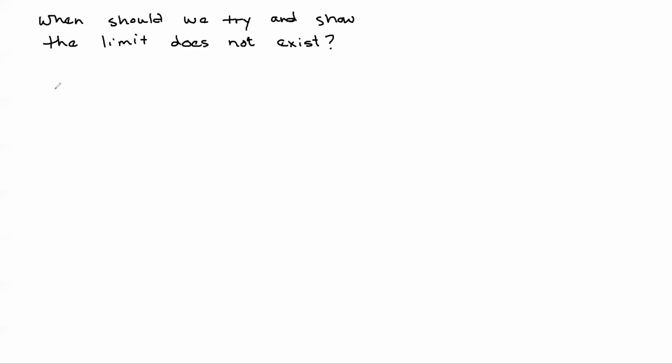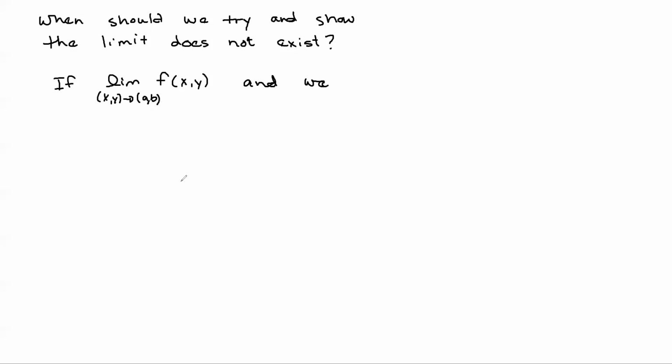Okay, I'll tell you. If you have the limit as (x, y) approaches (a, b) of f of (x, y), and you're asked to calculate that, and we try just plugging in (a, b). Why would we just try plugging in (a, b)?